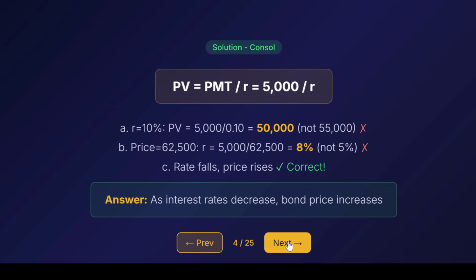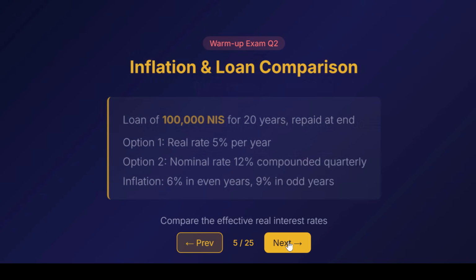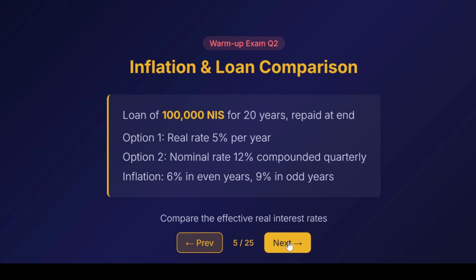Topic 2. Inflation and the Fisher equation. Consider two loan options for 100,000 shekels over 20 years. Option 1 has a real interest rate of 5% per year. Option 2 has a nominal rate of 12% compounded quarterly, with inflation varying between 6 and 9%. To compare them, we compute the effective real rate for option 2.